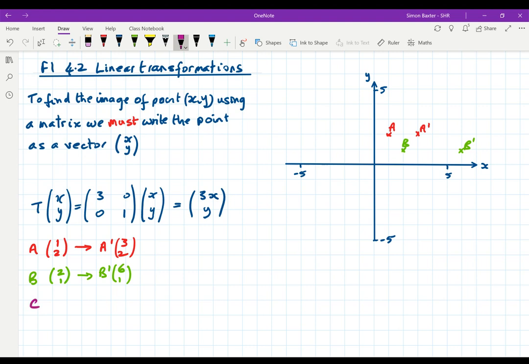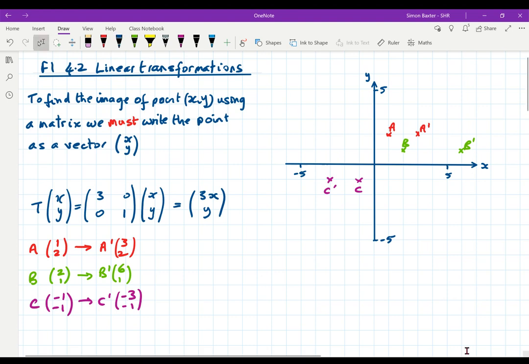Let's suppose we take the point C at (-1, -1). 3 times the x-coordinate is going to give us -3. Leave the y-coordinate alone. So we have C at (-1, -1), and that becomes C dashed at (-3, -1).